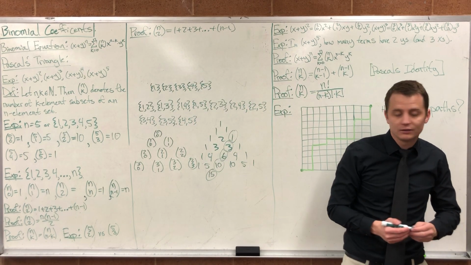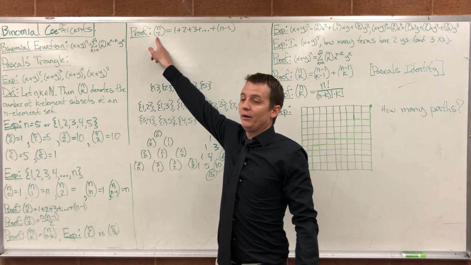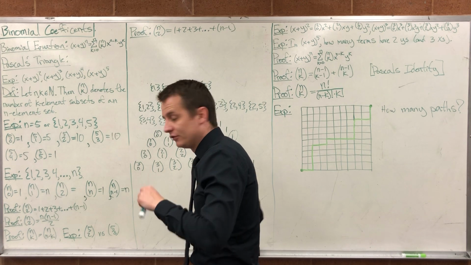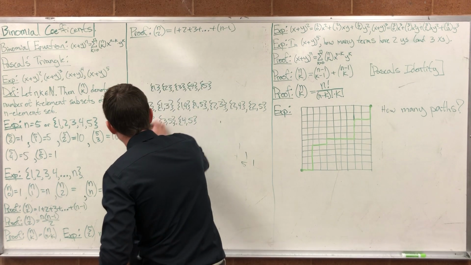Let's try and make sense of this though, given what we know about n choose 2, rather than just know some pattern. But that's good that you know some pattern.